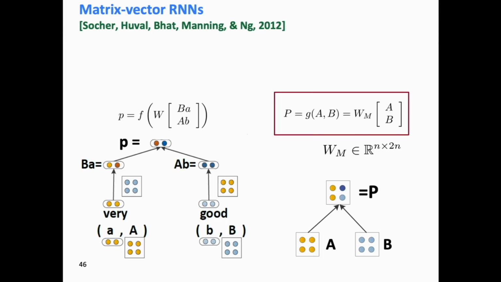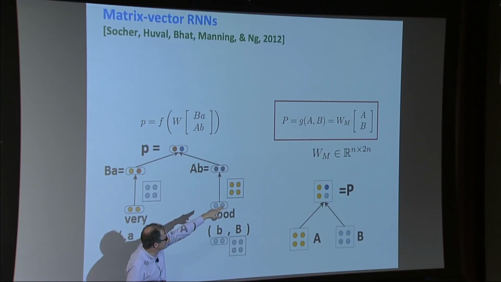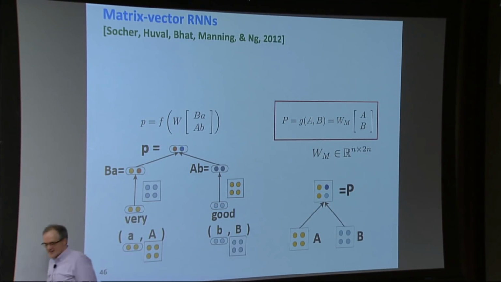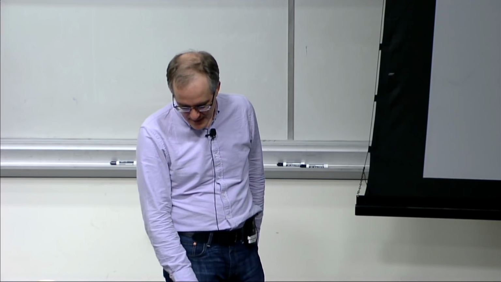For that, we did a simple model, which maybe actually wasn't very good, which was to concatenate the two matrices of the constituents and multiply them by another matrix, and that's then going to give us a matrix version of the parent node. And so this gave us our new, more powerful composition procedure. This did seem like it could capture a sort of operator semantics where one word modified the meaning of another word.